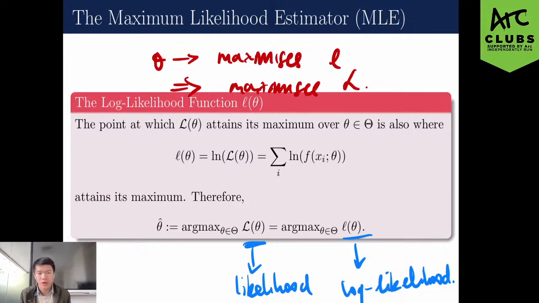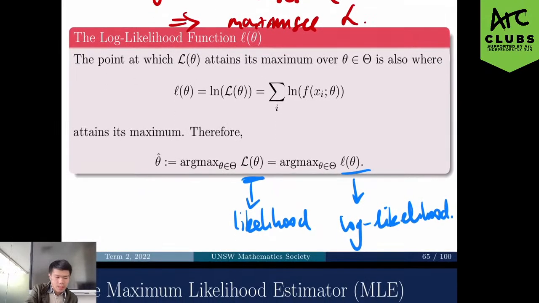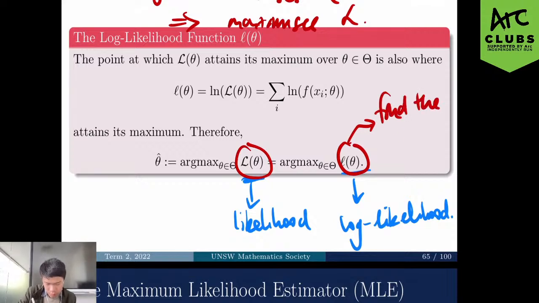Because, well, if a number is higher, its log is going to be higher, and if the log of something is higher, it itself is going to be higher. So you can maximize either of them, and it'll give you the same result. And that's really useful because, as I said, you can't really easily differentiate the likelihood, but you can really easily differentiate the log likelihood. So because this is easier to differentiate and therefore find a maximum of, you can find the max of this, and that gives you the MLE.